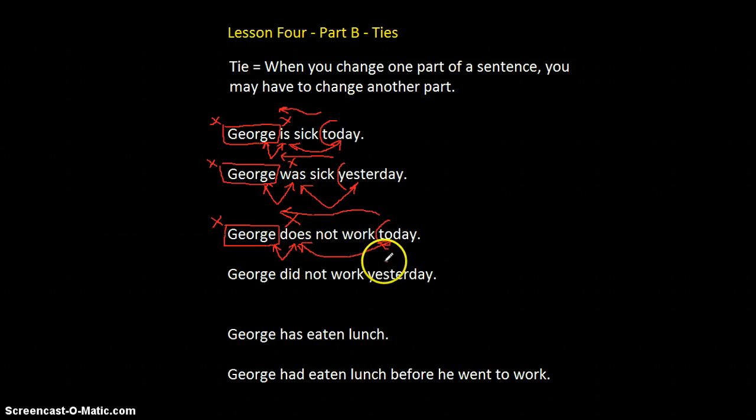In our next sentence, let's change today to yesterday, and we'll take a look and see what else changes. We have did. Did George not work? The subject is George. The predicate is everything from George to the end, the shifter. I don't have much room, so I'm not going to draw it in here. It's going to get a little too messy.